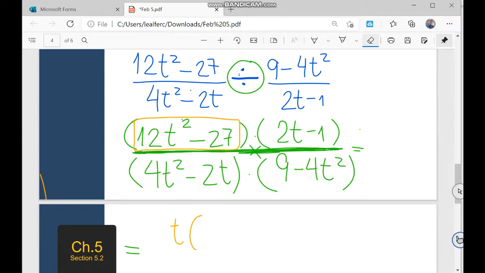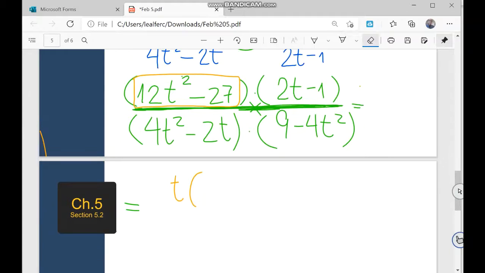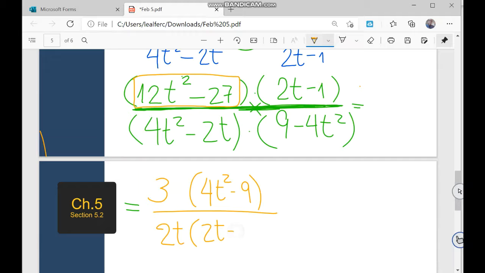That means we can factor out 3t. 3t times 4t squared minus 9, right? Over. Then we can factor out here on the bottom 2t times 2t minus 1. Cool. And this we cannot factor out, 2t minus 1, just keep it.